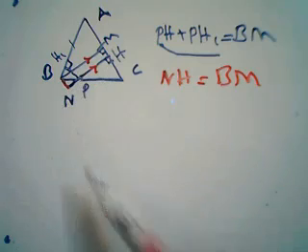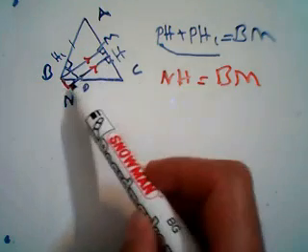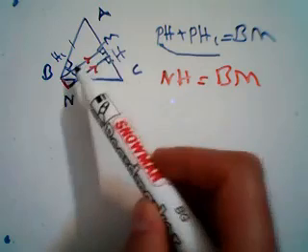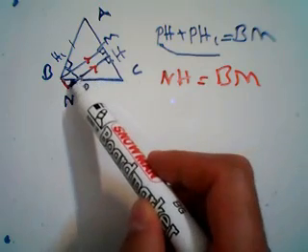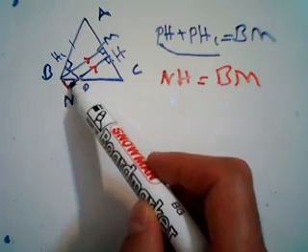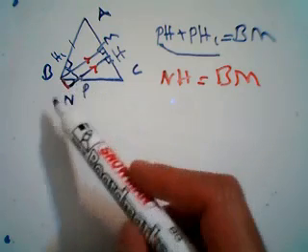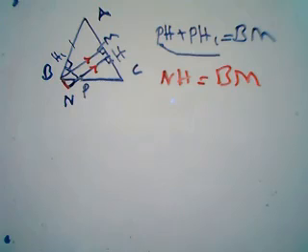Okay, let's prove that this is a rectangle, and in order to do that we should prove that this angle at N is a right angle.